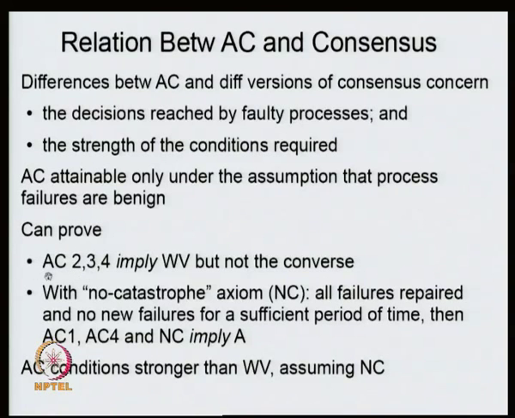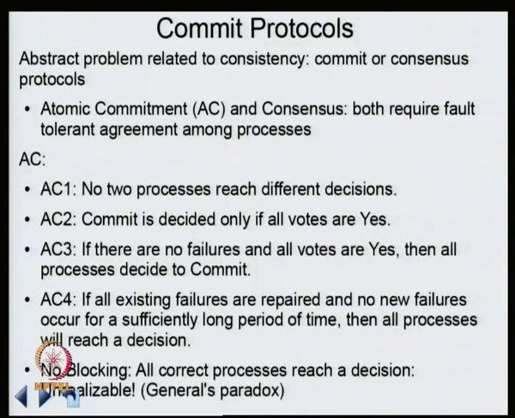Now, conditions 2, 3, 4 imply weak validity. What are 2, 3, 4? Commit is decided only if all votes are yes. If there are no failures and all votes are yes, then all processes decide to commit. If all existing failures are repaired and no new failures occur for a sufficiently long period of time, then all processes will reach a decision.